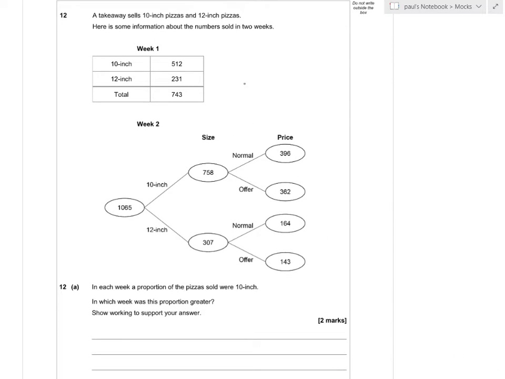The takeaway sells 10-inch pizzas and 12-inch pizzas. Here's some information, Week 1, Week 2, total. In each week, a proportion of the pizzas sold were 10-inch. Which proportion was greater? So the first week, you've got 512 out of 743.